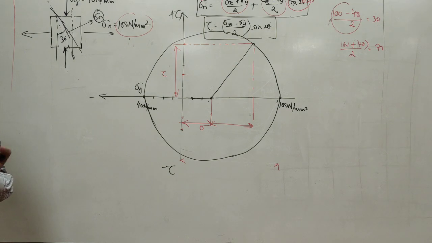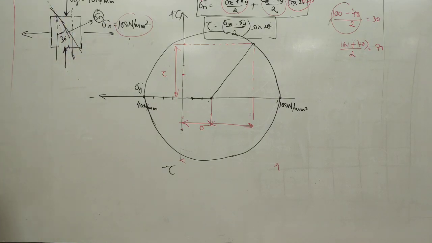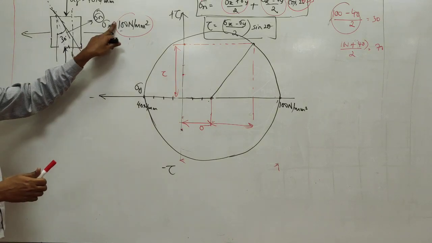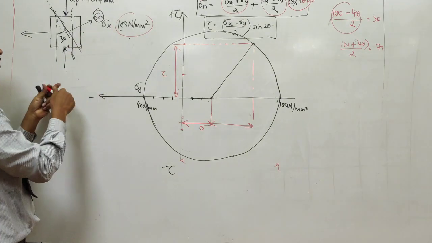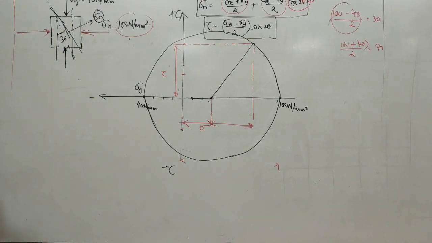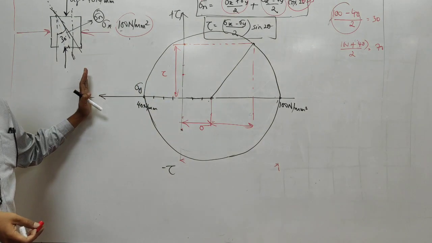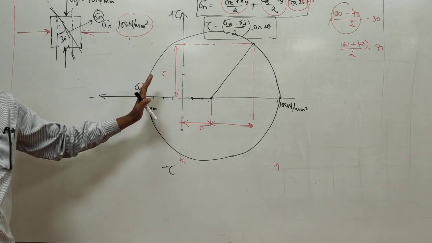So like this, you can definitely solve any numericals where sigma x and sigma y values may change. Even sometimes both are negative. Then how would you solve it? Exactly the same way, in the negative direction.